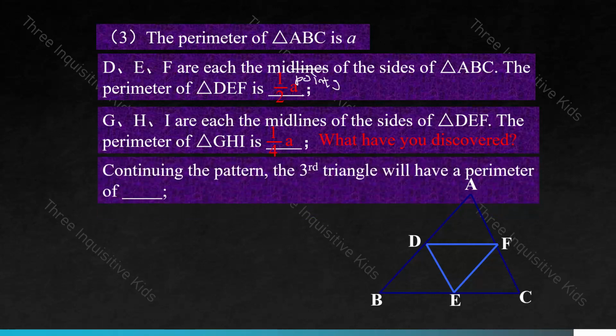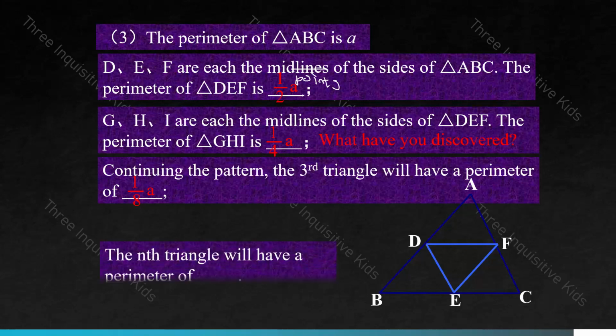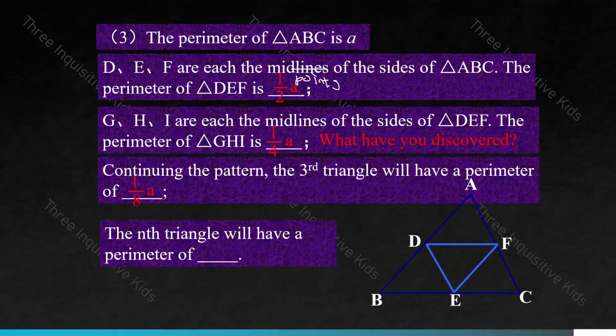Continuing this pattern, the third triangle will have a perimeter of 1/8 of A. So you continue multiplying 1/2 to the previous term you have in this series. And the nth triangle will have a perimeter of 1/2 raised to the nth power, times A. What other thoughts do you have about this?